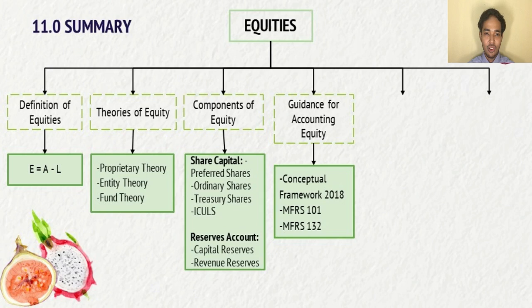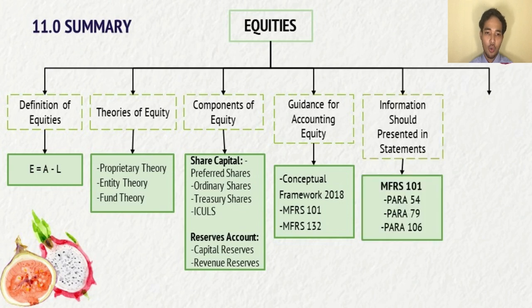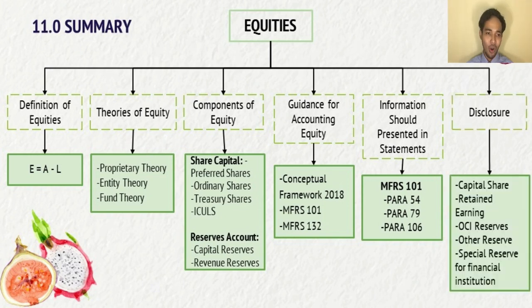As for the guidance for accounting in equity, we will refer to Conceptual Framework 2018, MFRS 101 and MFRS 132. MFRS 101, Para 54, 79 and 106 is used to disclose information that should be presented in the statement of changes in equity, while disclosure for each component of equity such as share capital and retained earnings are already explained in previous slide.